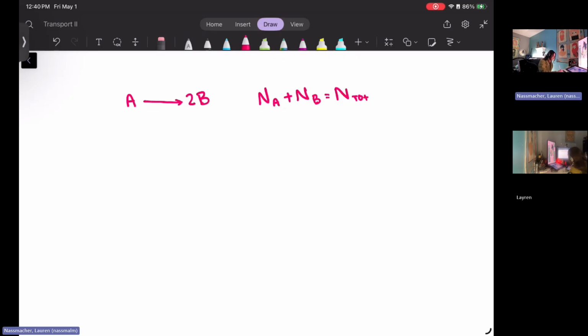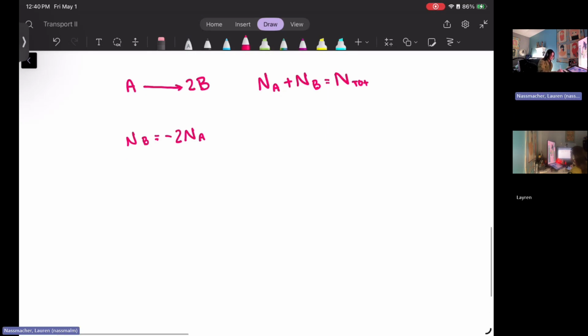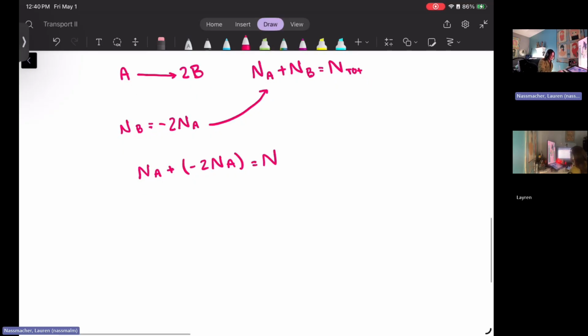So here, our molar flux rate of B is equal to -2 of our molar flux rate of A. Here there's 2 more B than A. So plugging that into this equation, we get that molar flux rate of A plus -2 molar flux rate of A is equal to N. And so that's going to get us the negative molar flux rate of A is the total molar flux rate. Huh, interesting. That's very interesting.